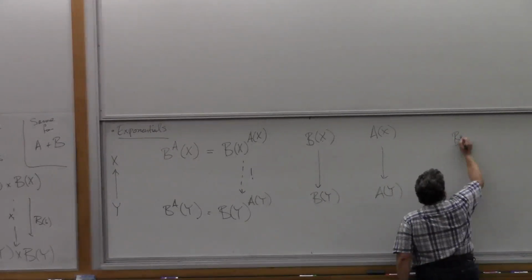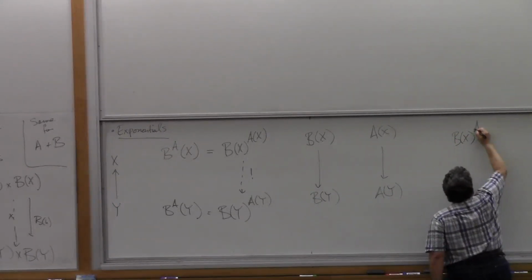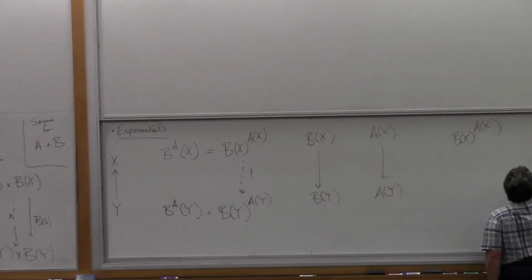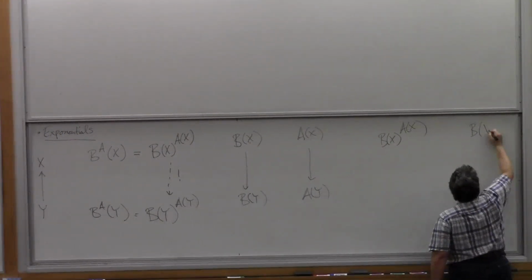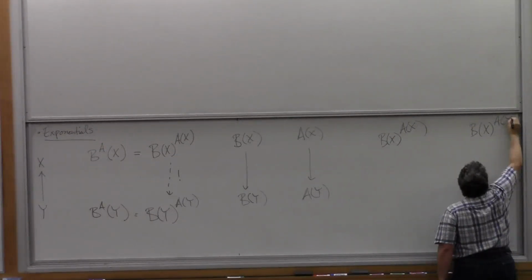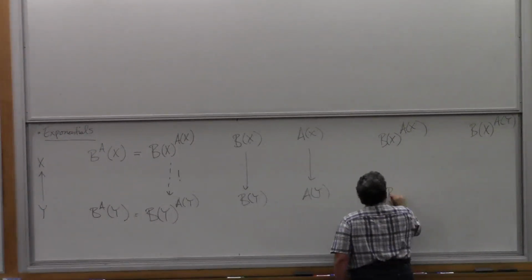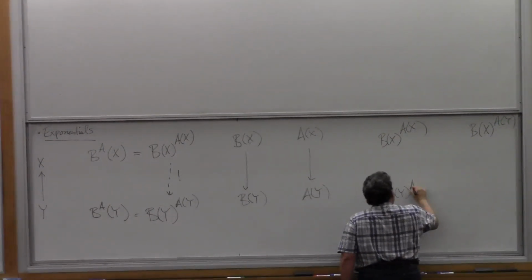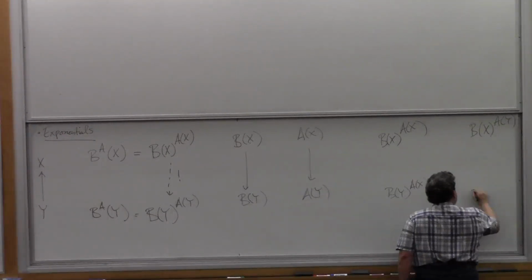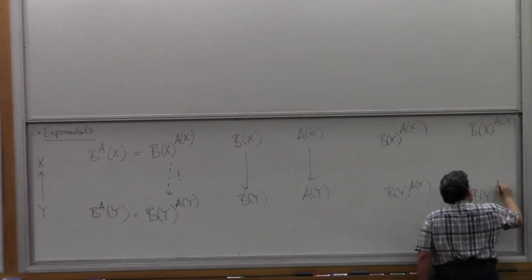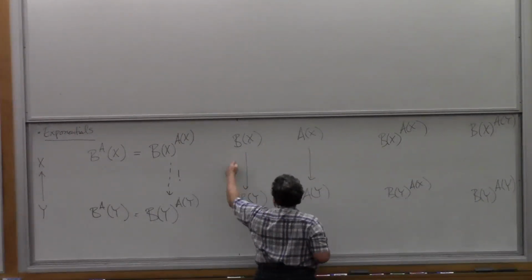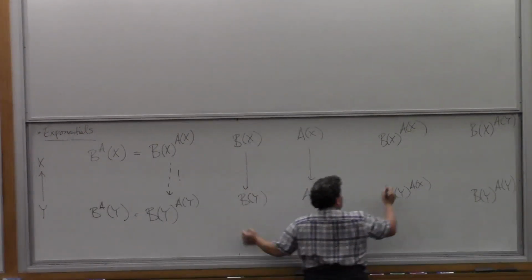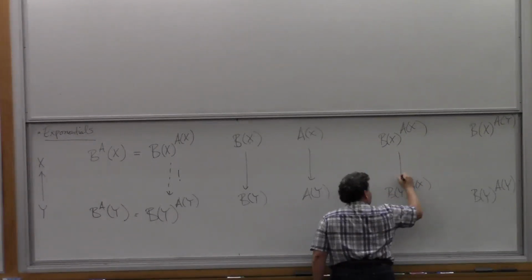Well, we get BX, AX, and then here's B to the X, AY, BY, AX, BY, Y. So from this map here, we can just compose with this map and we get a covariant action like this, right?